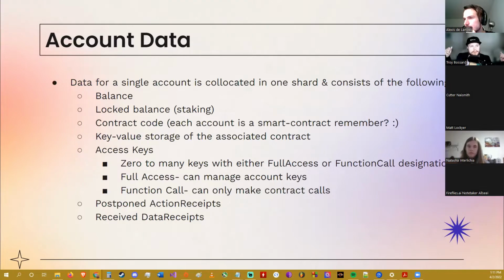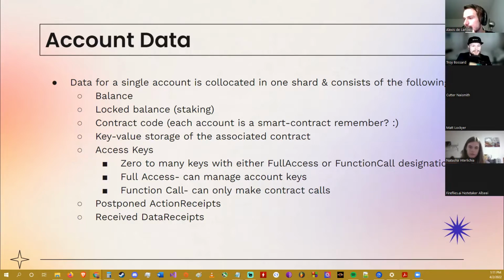So you may be wondering, what kind of account data is stored under the account data structure for Near protocol? The data for a single account is co-located in one shard and consists of the following different types of data. You have the balance for the account. You have locked balance, which is related to staking. You have the contract code if a smart contract is deployed to this account, and each account is a smart contract, remember.